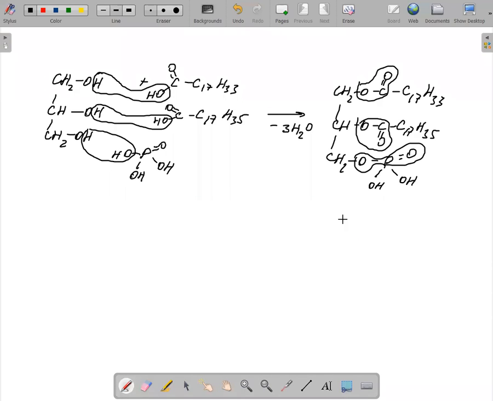And now let's add any amino alcohol. It can be monoethanolamine or cholamine, or choline, as completely methylated cholamine, or serine.